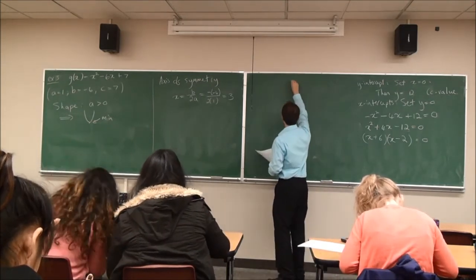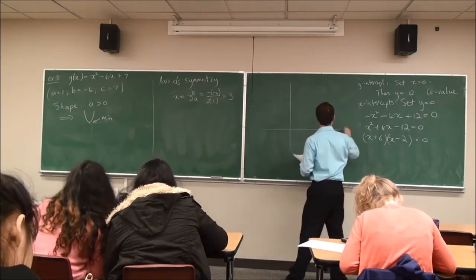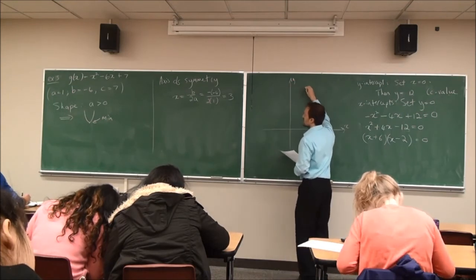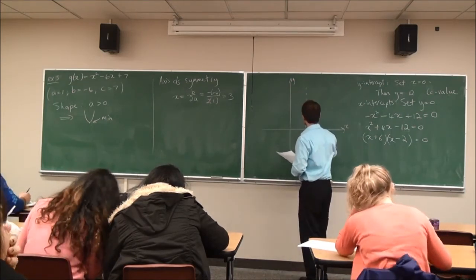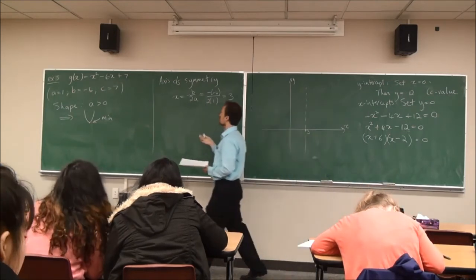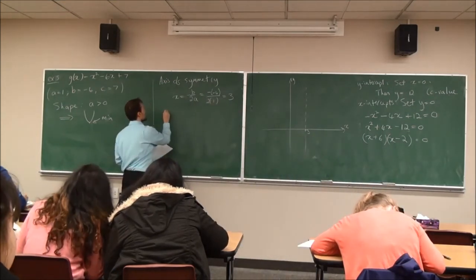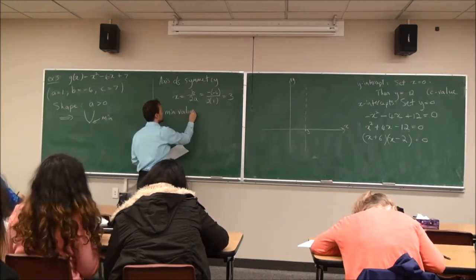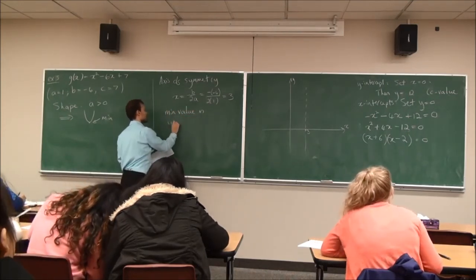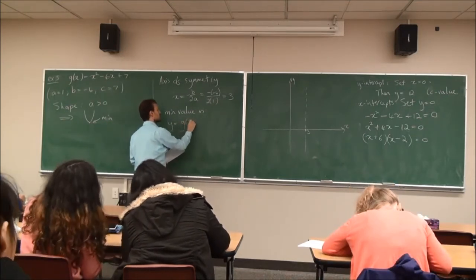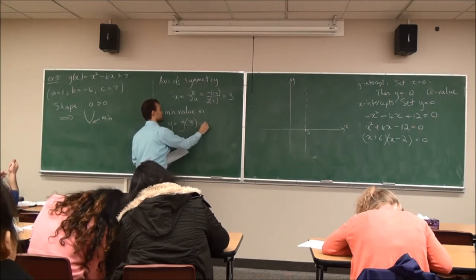So let's get a sketch here and update it as we go. I know something happens at 3. What is the minimum value? Well, I just plug it in. My input is 3. What is my output?